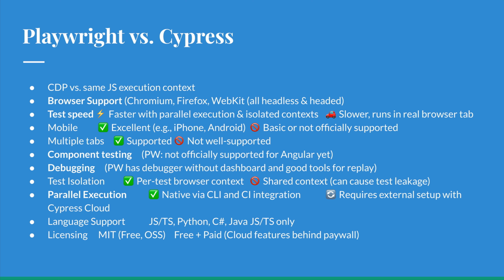Debugging. Cypress, definitely from where we came before with Selenium, had some nice debugging tools. But especially if you pay for the dashboard with Cypress, it can be nice for replay. But you have the same with Playwright now.